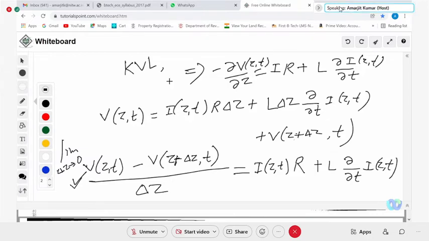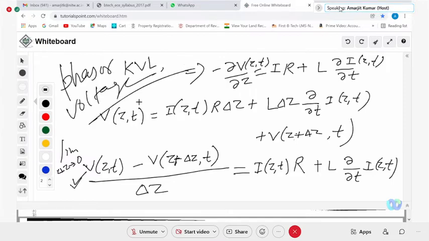You can write phasor current and phasor voltage. We can separate the time, but we have to assume harmonic time dependence. In terms of phasor voltage and phasor current also we can write it.